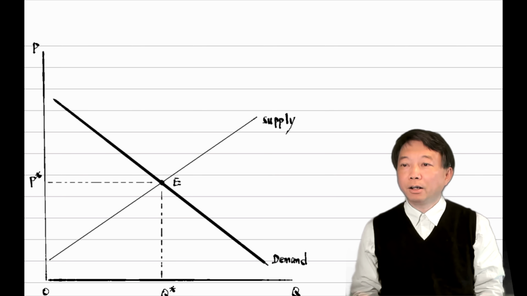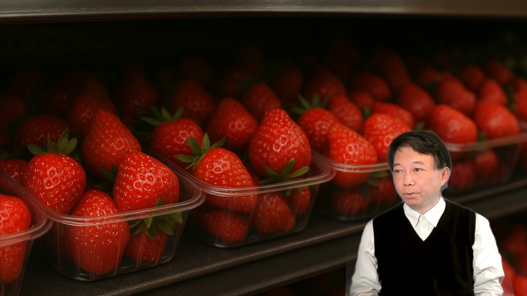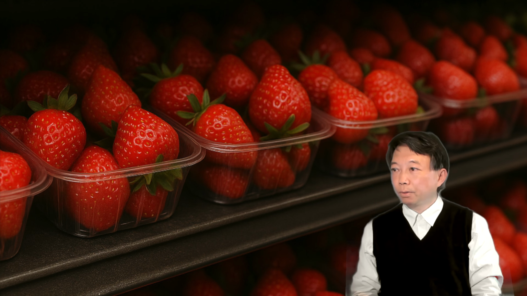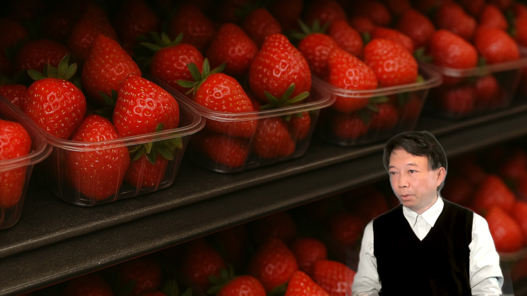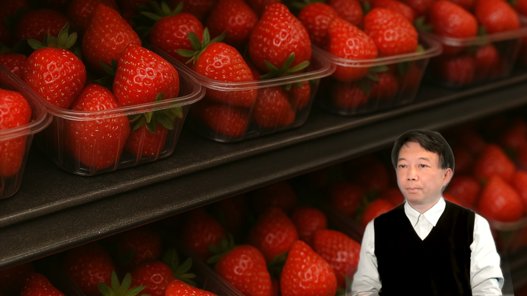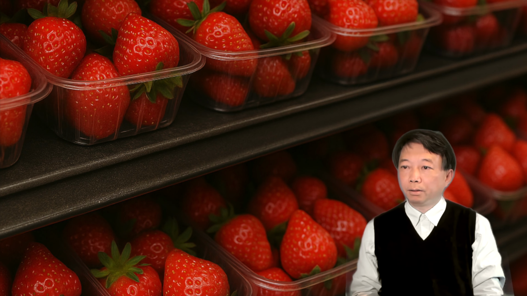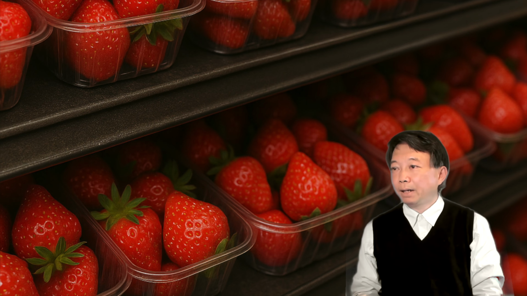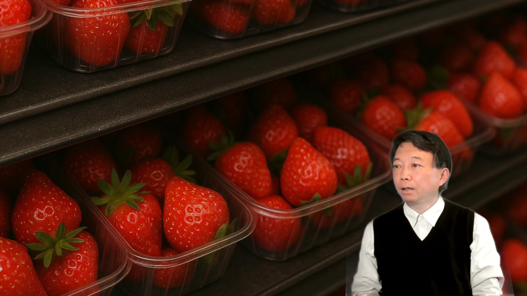Next, we analyze how tariffs change market equilibrium. Using imported strawberries as an example, a tariff of $T is levied per kilogram of strawberries. The tariff burden on consumers is measured by the price change caused by the tariff relative to the tariff itself.